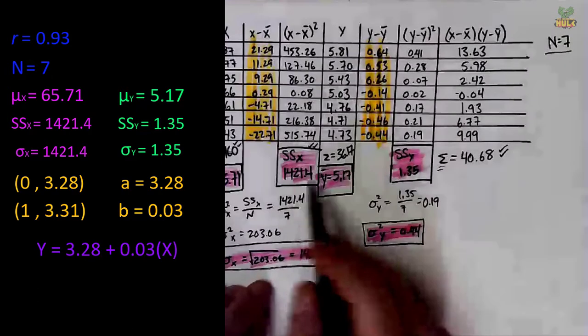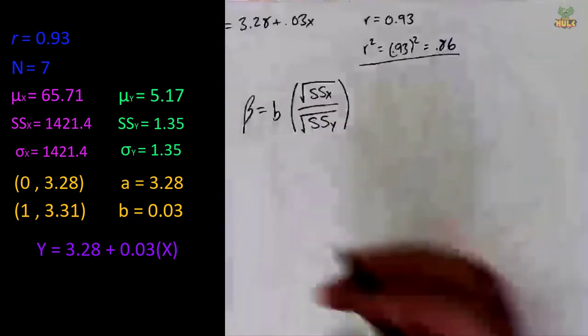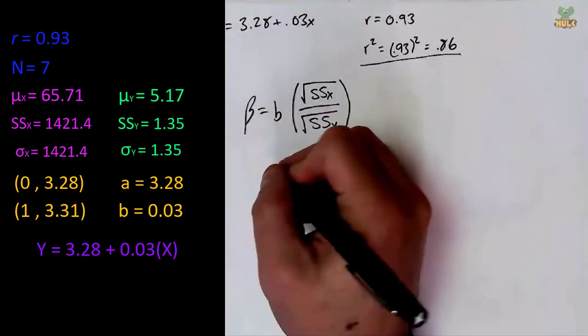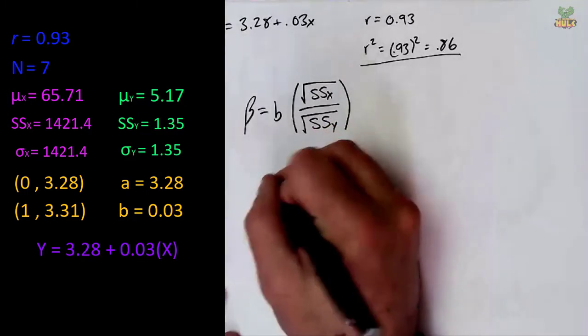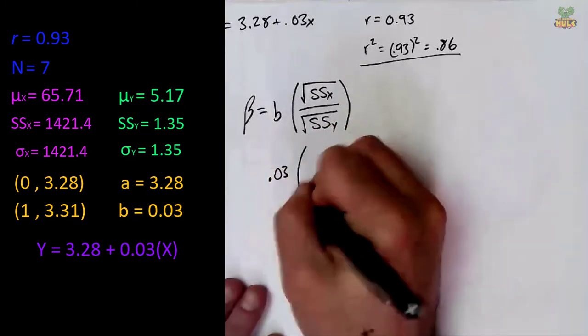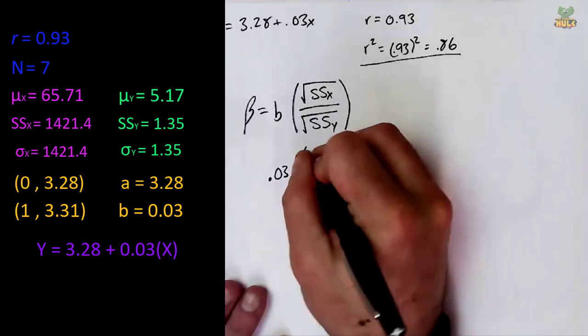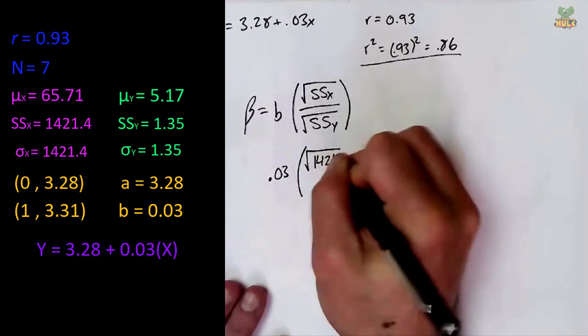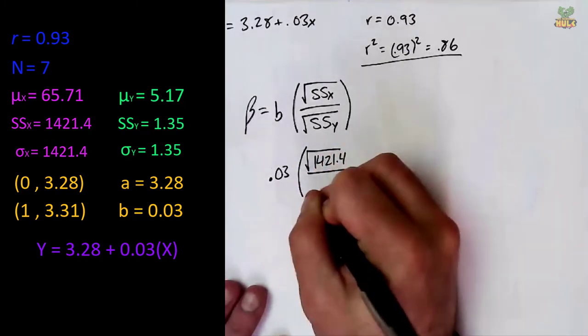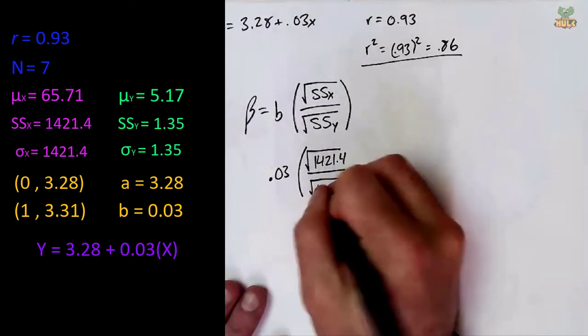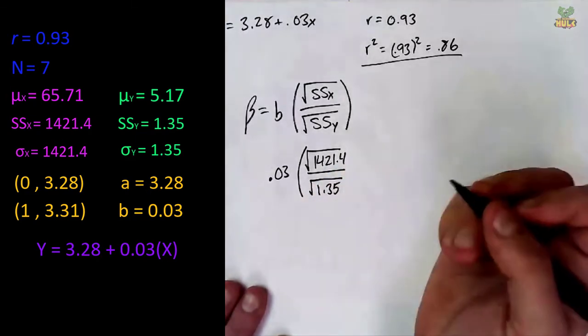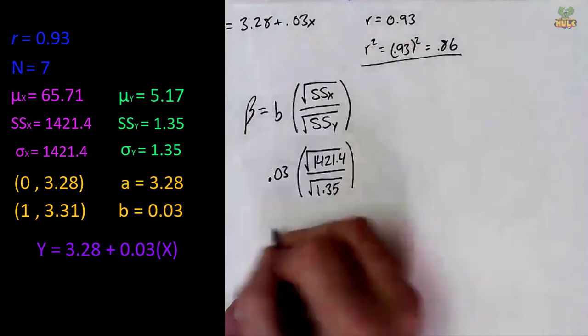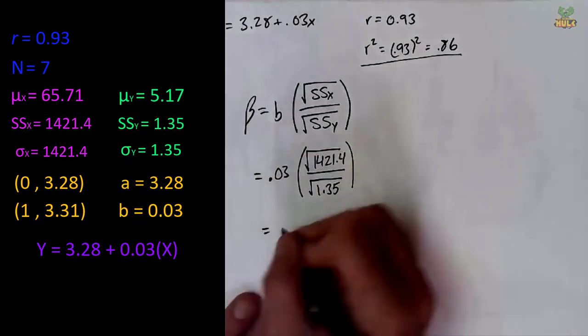We have sum of squares x, we have sum of squares y. Let's just plug it in then. We know that b is 0.03. Multiply that times the square root of 1421.4 over the square root of 1.35.